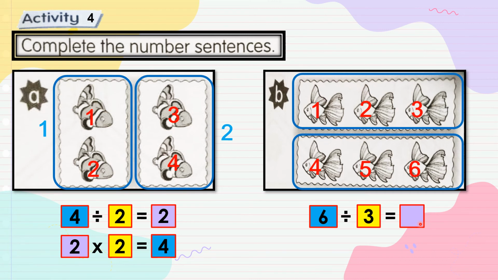What is the answer here? Let's count. How many groups are there? 1, 2. So the answer is 2. 6 divided by 3 is equal to 2. Let's inverse to multiplication number sentence. 2 times 3 is equal to 6.